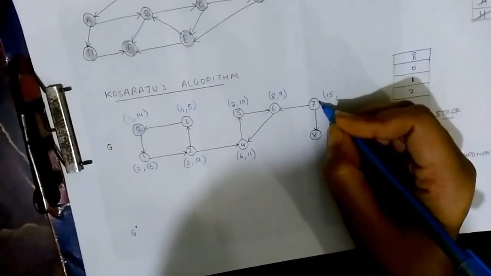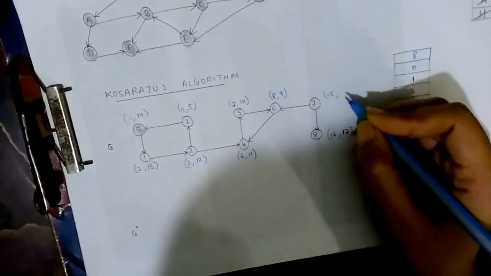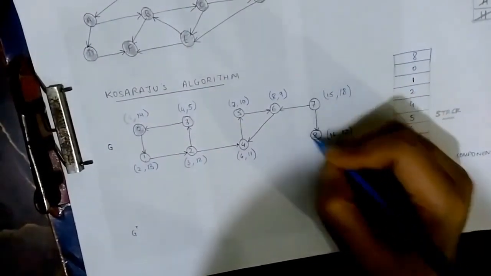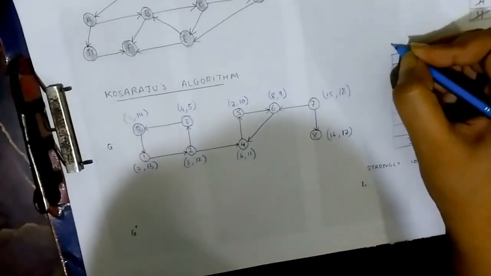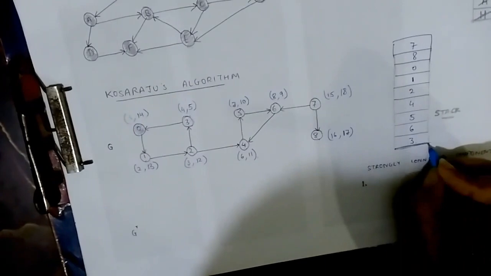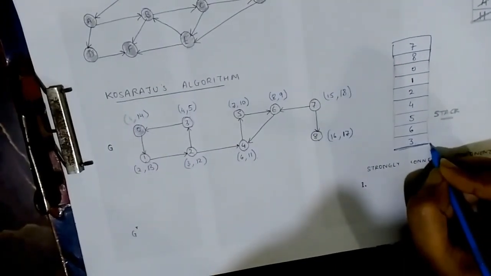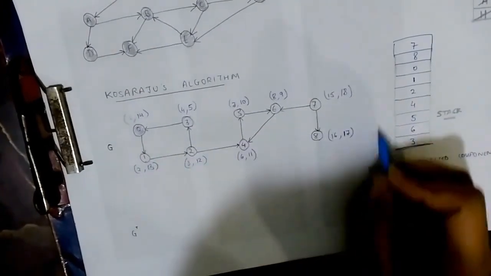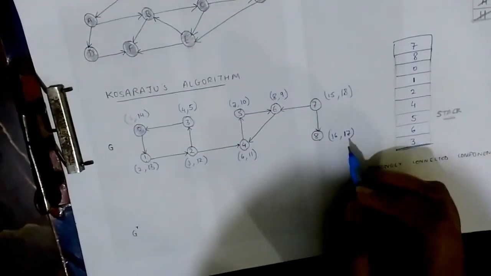Now back to 7, right? Back to 7 we can end this, no other unvisited vertices left, we push 7 in the stack. Now we have the stack ready, no other unvisited vertices left, we are done.